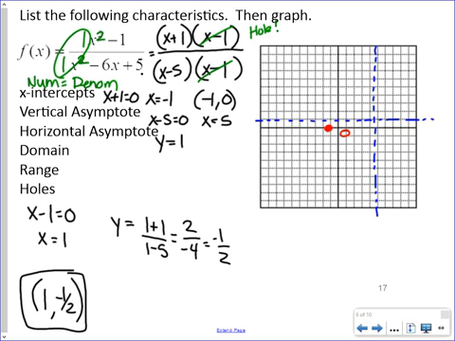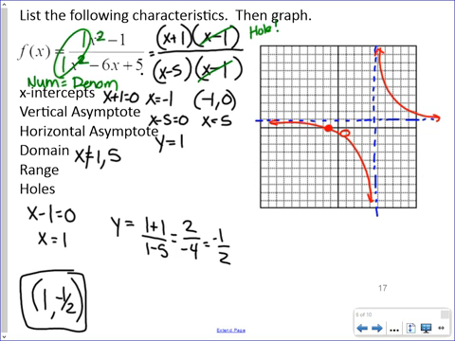I think you have enough points to decide where your branches are again. We're going to approach the asymptotes. And then for domain and range, we're going to write the things that it cannot equal. X cannot be 1, and x cannot be 5.